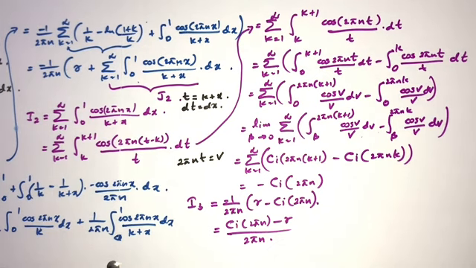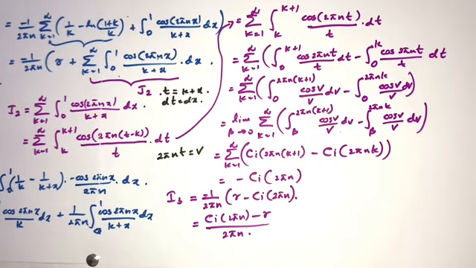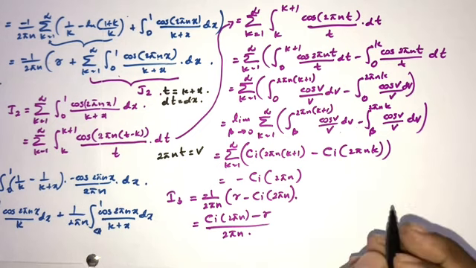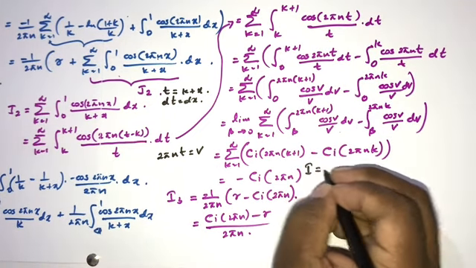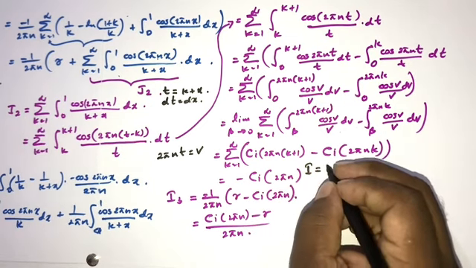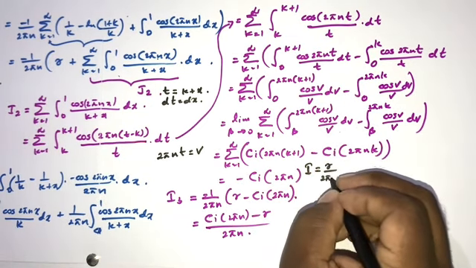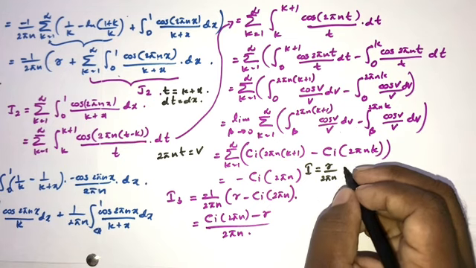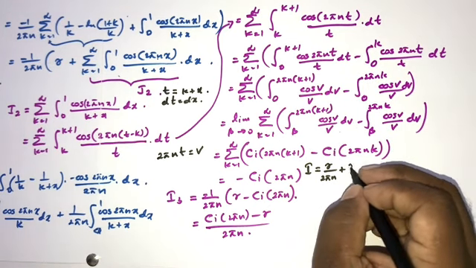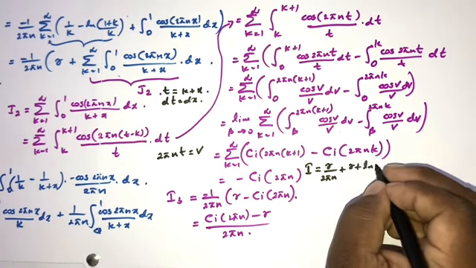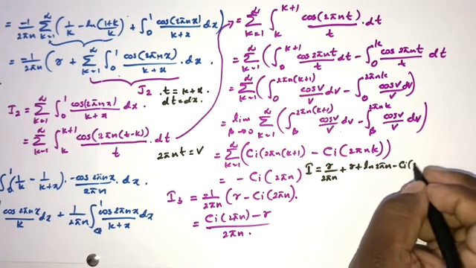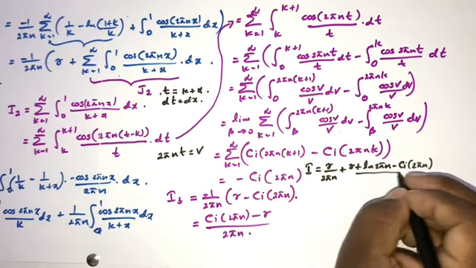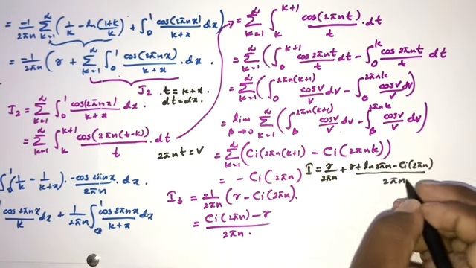Okay, then we know I is equal to I1 plus I2 plus I3. So I is equal to I1, we know gamma over 2 pi n, then I2, we know gamma plus natural log of 2 pi n minus Ci of 2 pi n, over 2 pi n.